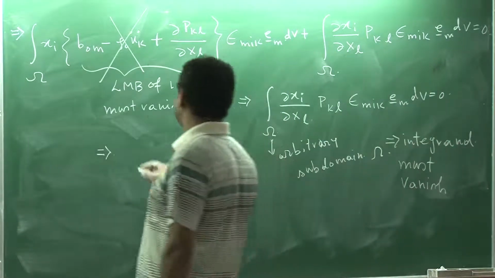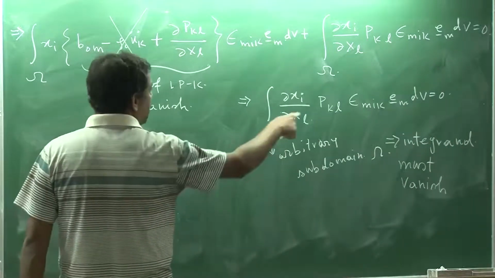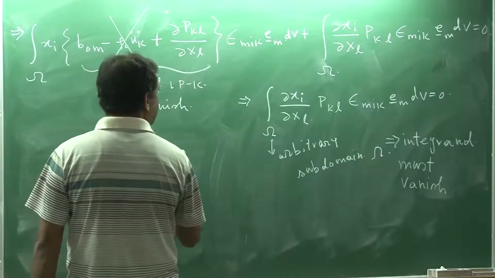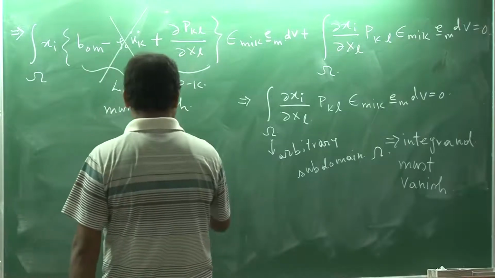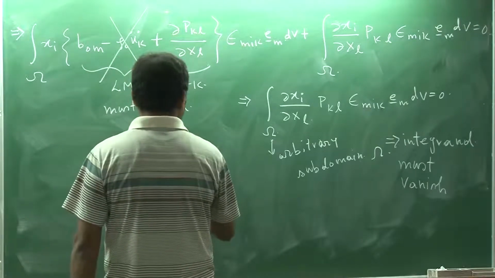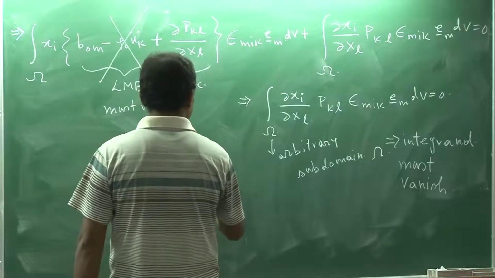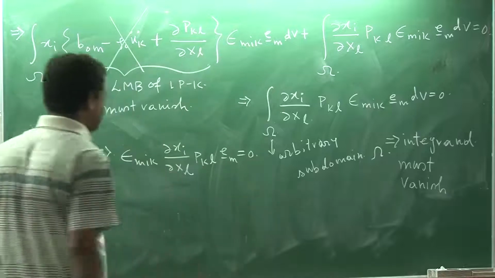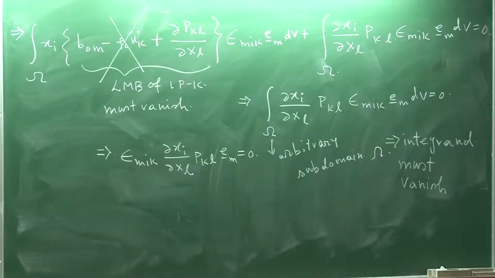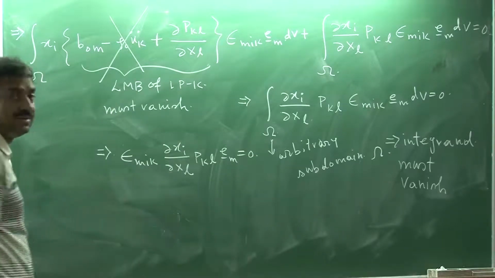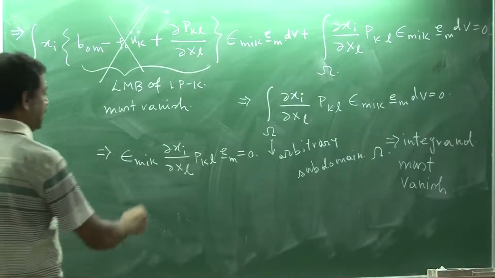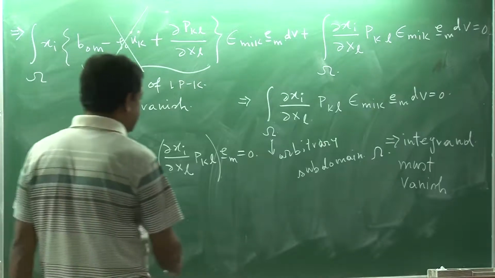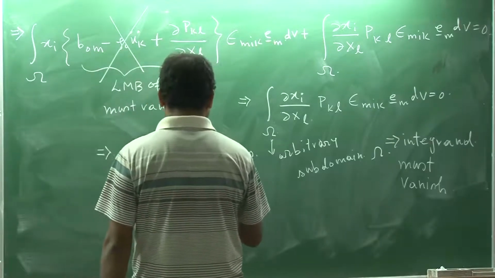If the integrand must vanish, then we can rightly say that epsilon m I k, epsilon m I k del x I del capital X L P K L E m bar must be 0. What does it mean? This one, what does it mean? This means that this product must be symmetric, because you see that L is a repeated index, right.